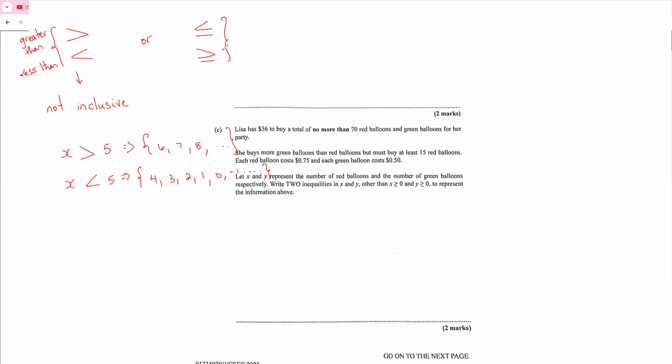These, on the other hand, are inclusive. This one will be less than or equal to, and this one will be greater than or equal to. It means that this includes the number, so they are inclusive.